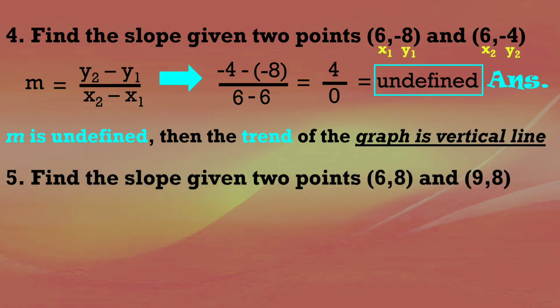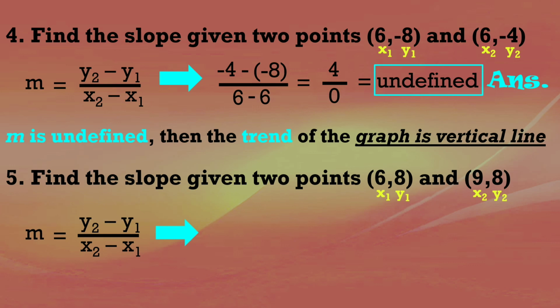Number 5. Find the slope given 2 points, 6, 8, and 9, 8. So, using the formula, m equals y sub 2 minus y sub 1 over x sub 2 minus x sub 1. So, ang x sub 1 ay 6, x sub 2, 9, y sub 1, 8, y sub 2, 8. So, dapat alam nyo din kung paano kilalanin si x sub 1, y sub 1, x sub 2, y sub 2.